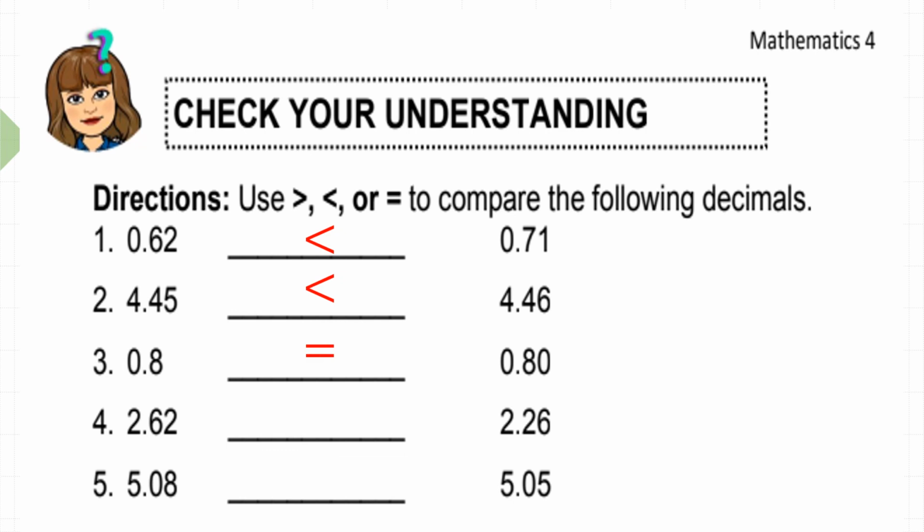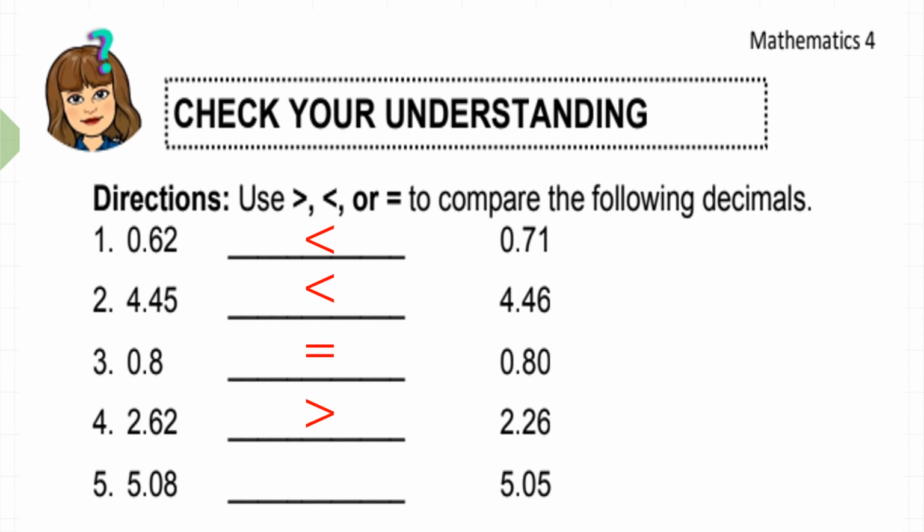Okay? Number 4, we have 2 and 62 hundredths compared to 2 and 26 hundredths. Which one is the correct symbol? Okay, correct. This is greater than. Why? Because 2 and 62 hundredths is biggest number comparing to 2 and 26 hundredths.